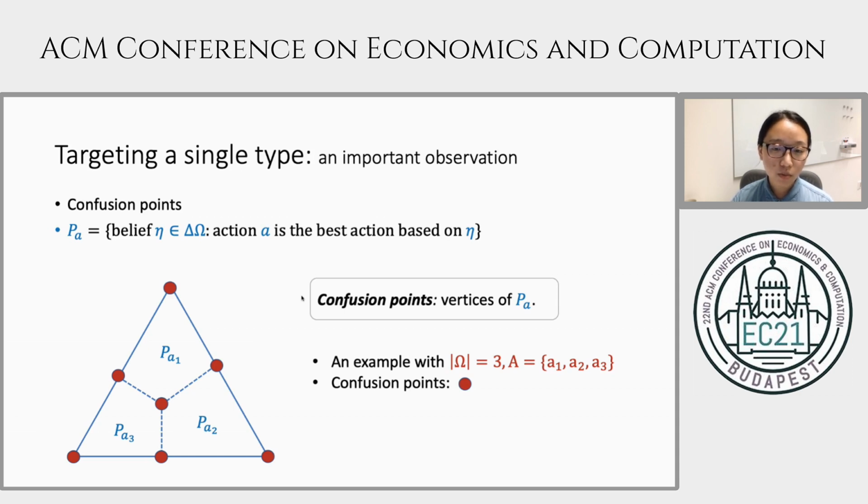And the confusion points are just the extreme points of these regions, which are marked in red in this plot. We can see that the confusion points consist of the points at which the buyer is indifferent between 2 of the actions or all 3 actions, as well as the degenerate distributions at which the buyer knows the exact realization of the state.